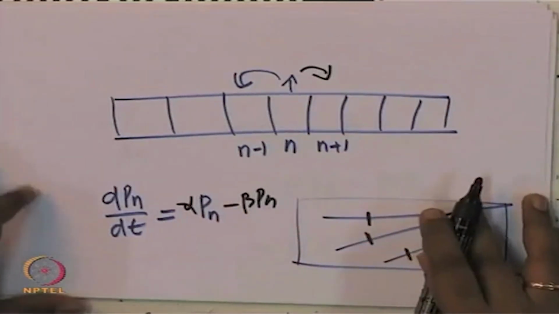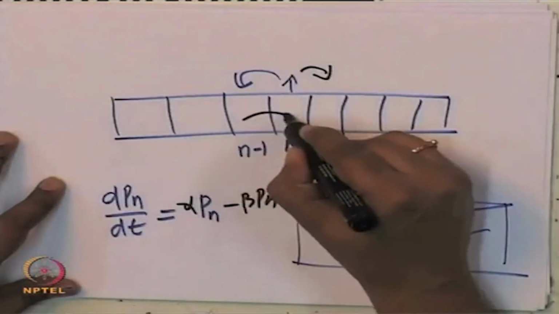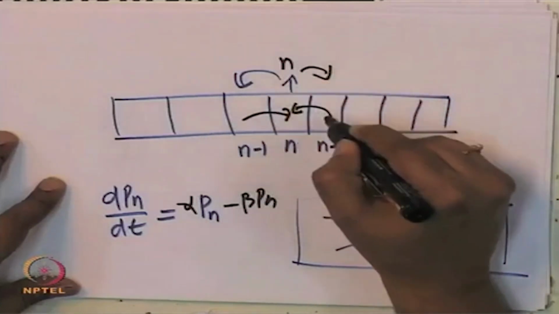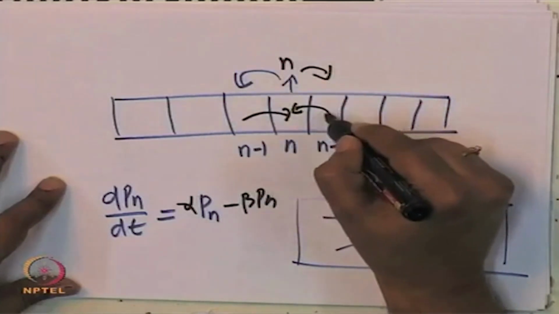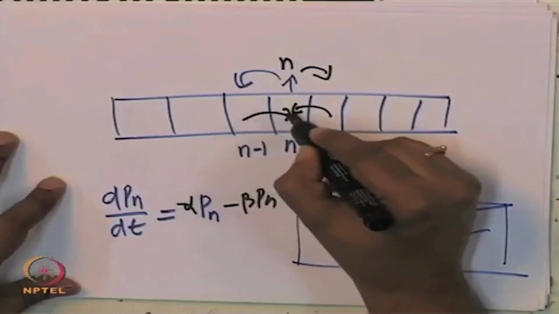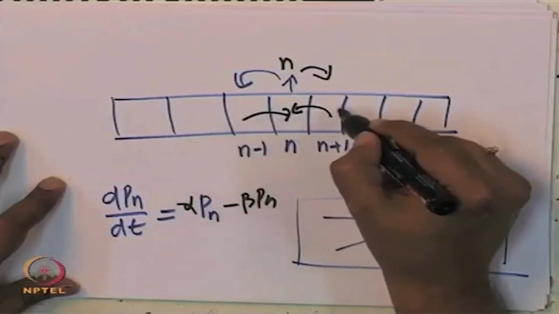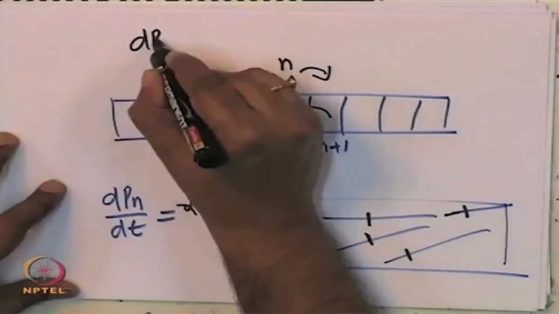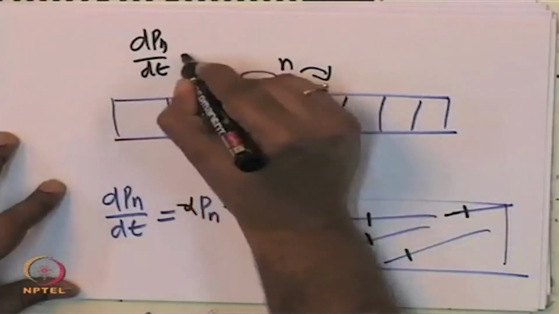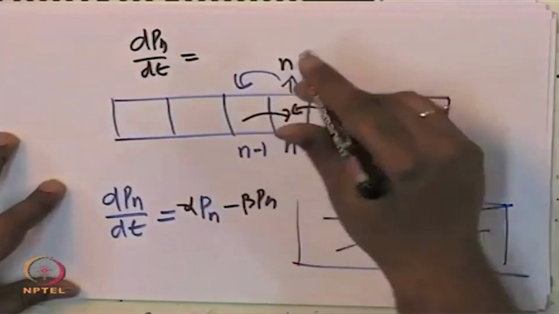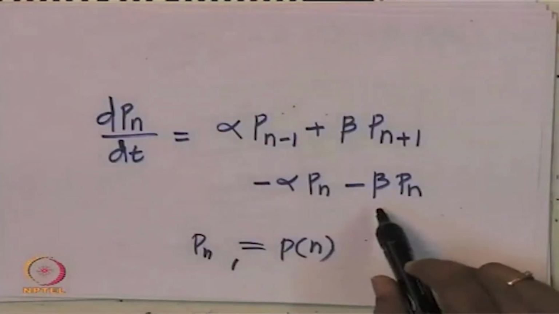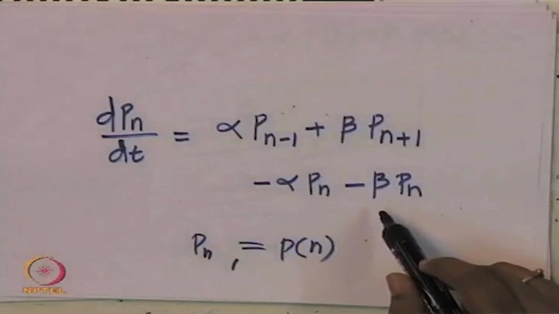Similarly, if you have a molecular motor here, it can come here. So this n can increase by a molecular motor moving from n minus 1 to n or n plus 1 to n. So you can write dPn by dt; the same equation we described here applies exactly the same way to the molecular motor also.